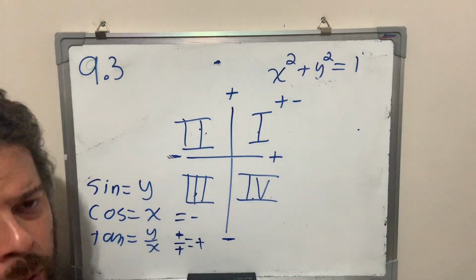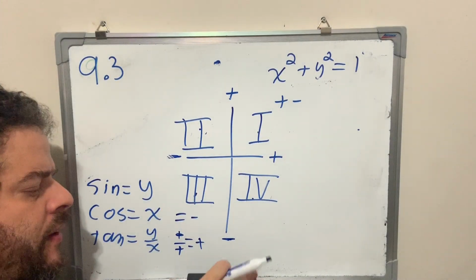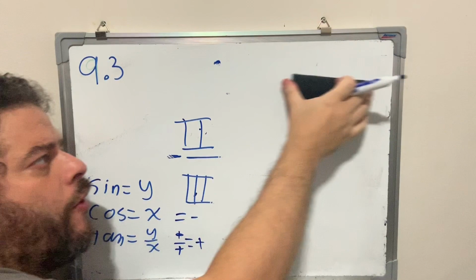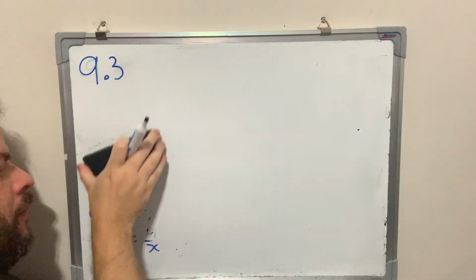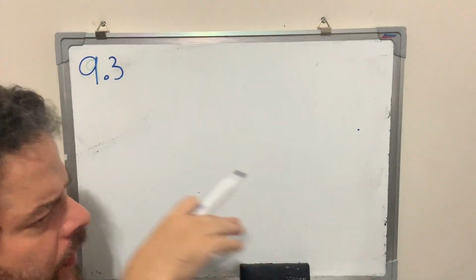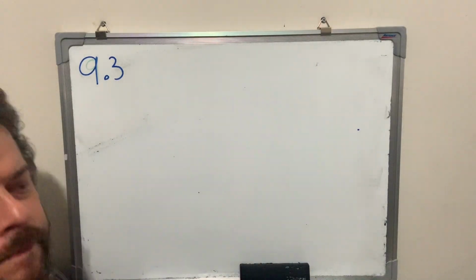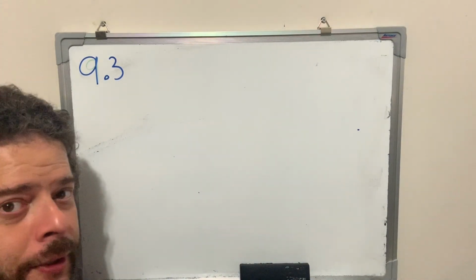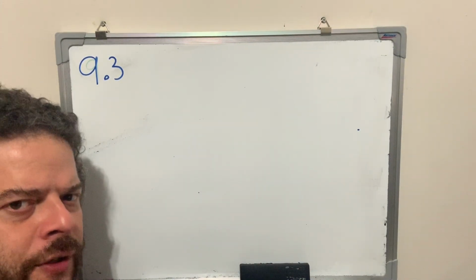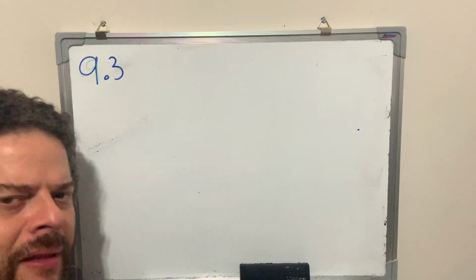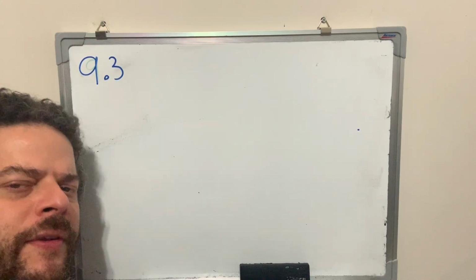Okay. And the last thing we're going to go over today is what's called the reference angle. Again, we're not really going to use them this school year, because this is the last class, but next year you're going to be using reference angles plenty. And we're going to go over them as well.